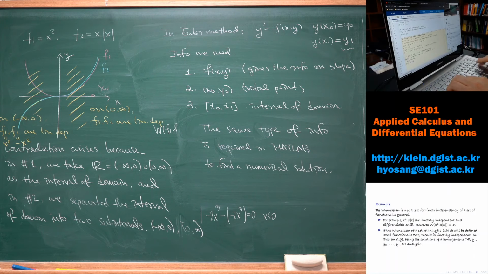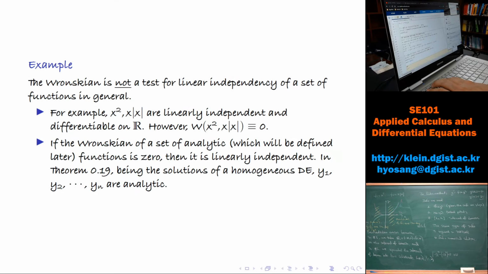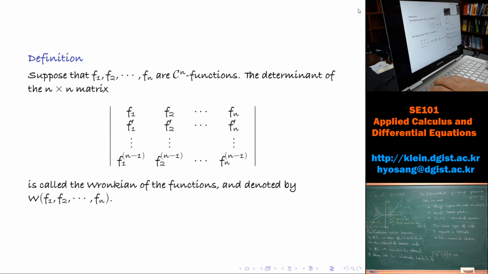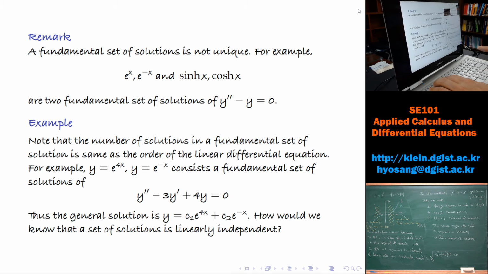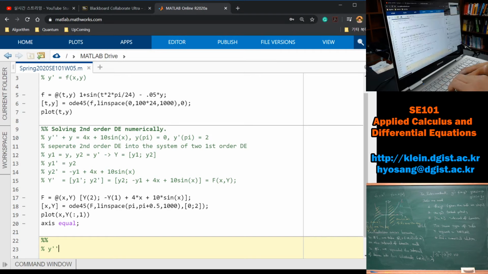Now, let me give another example here. Let's look at this example: y double prime minus 3y prime plus 4y equals 0.